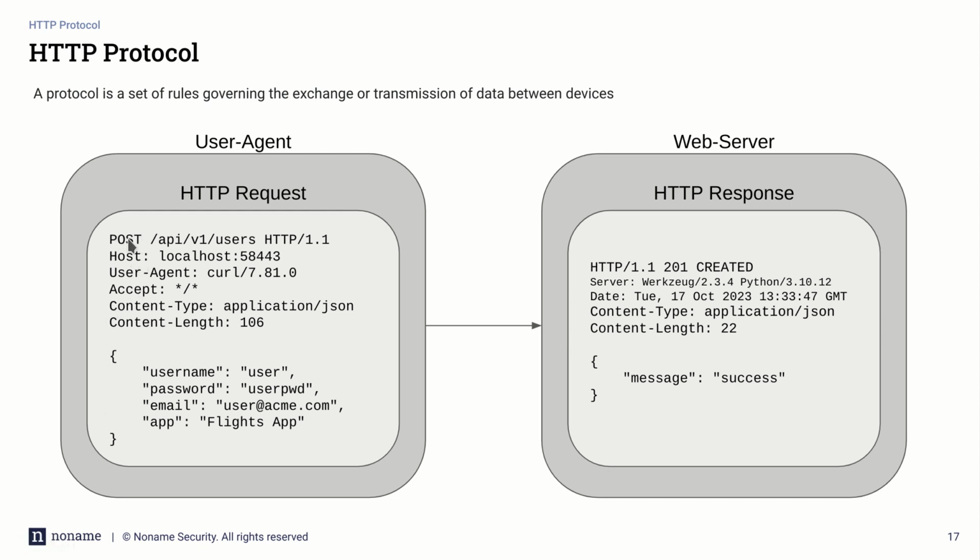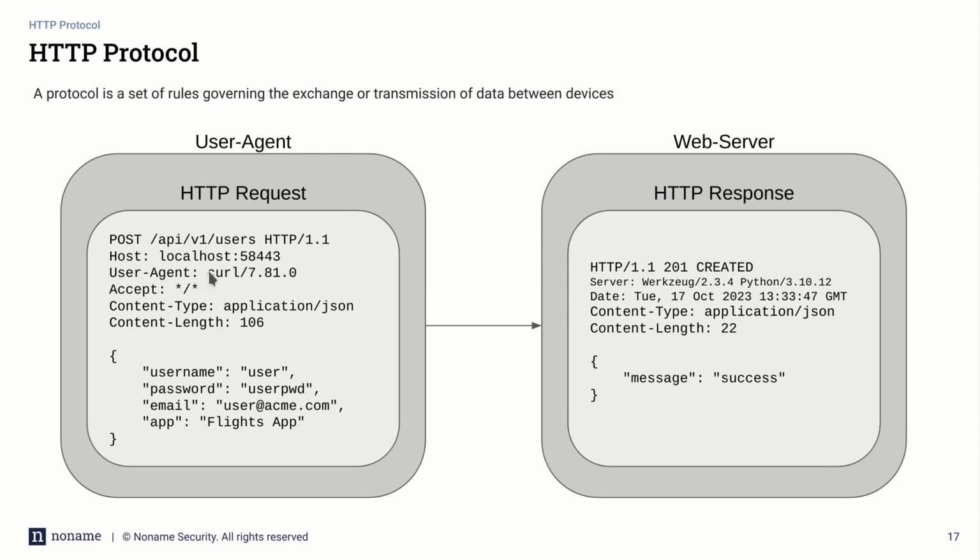The very first line indicates the HTTP method, in this case POST. Here's the path, API v1 users. Here's the protocol, HTTP 1.1. The next lines contain headers. All of these are headers. Host: where do we send this request? In this case it was localhost on this port.